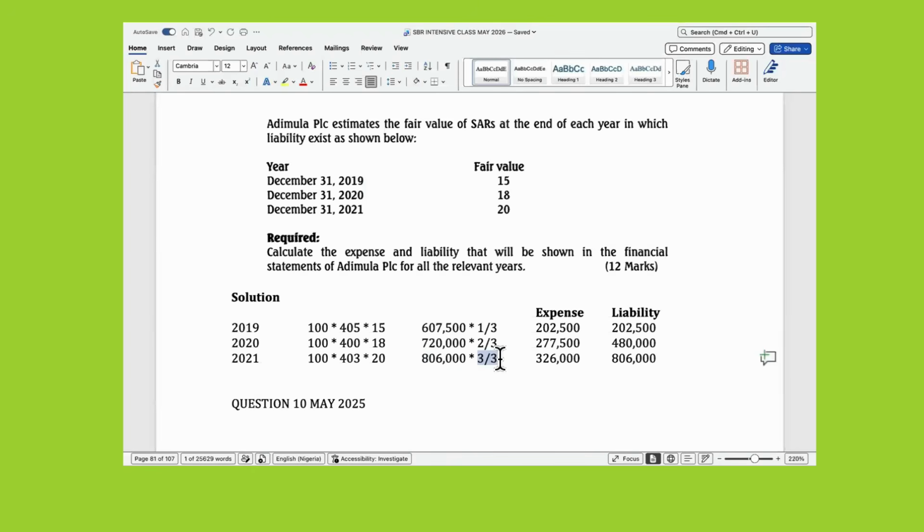So as at today, our liability is 806,000. There is an increase in liability of 326,000, which is this minus 480,000. And that goes to P&L as an expense.